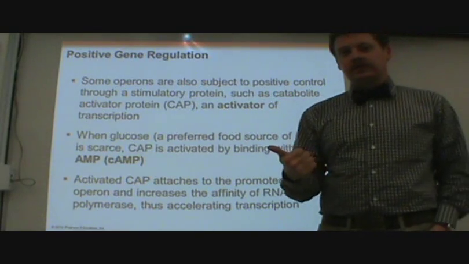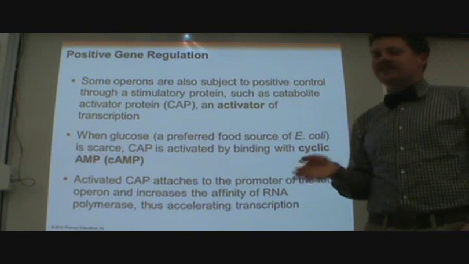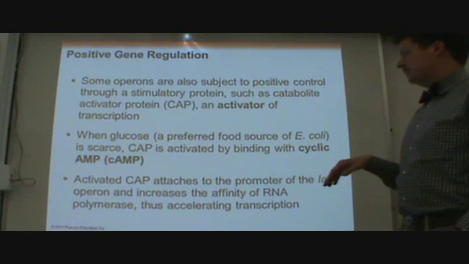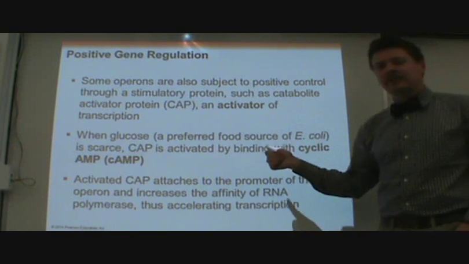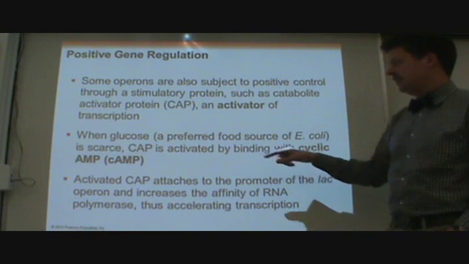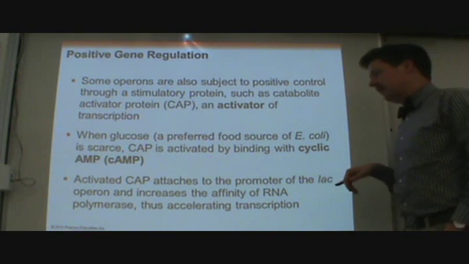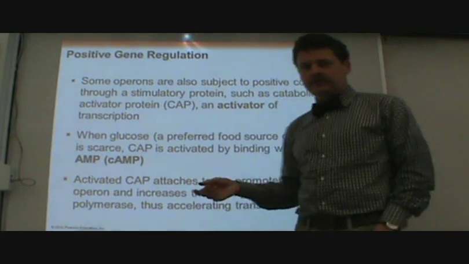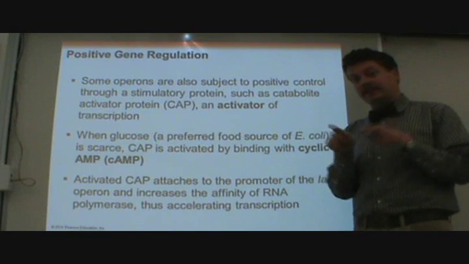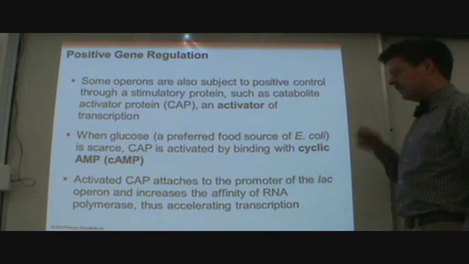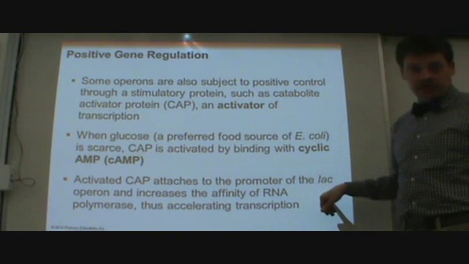So then when glucose is around, which is what E. coli prefers to eat instead of lactose, when glucose is not around, then CAP is activated, it binds with cyclic AMP, that AMP stands for adenosine monophosphate, so that looks a lot like ATP, except it's only got one phosphate and it's cyclic. And then once that's activated, that's going to attach to the promoter region.